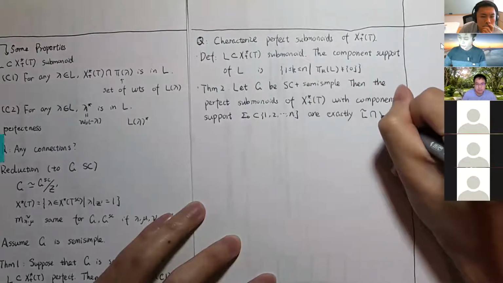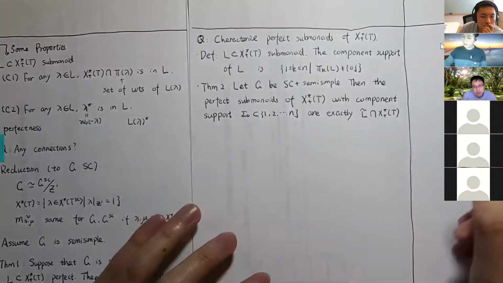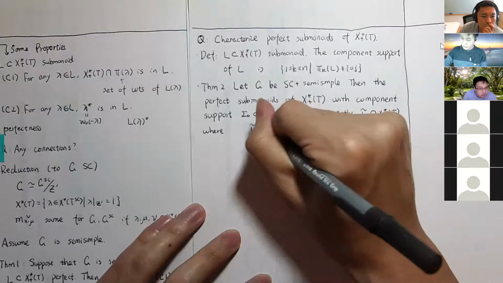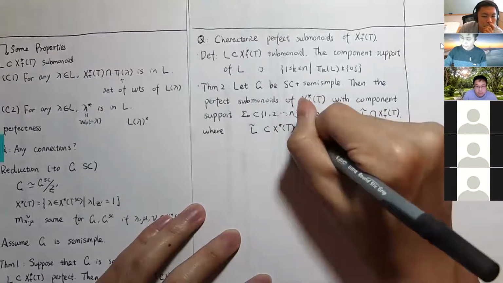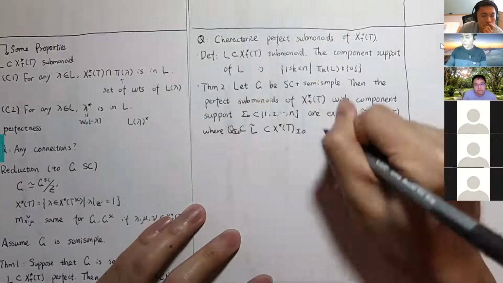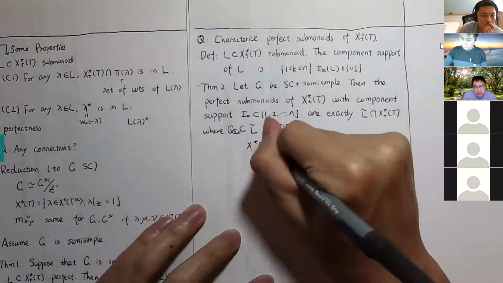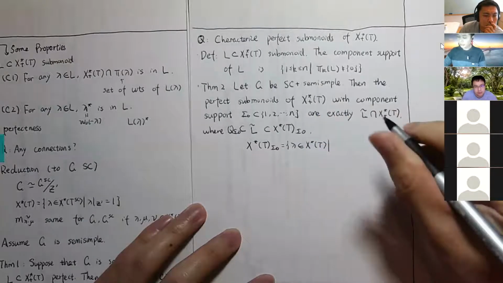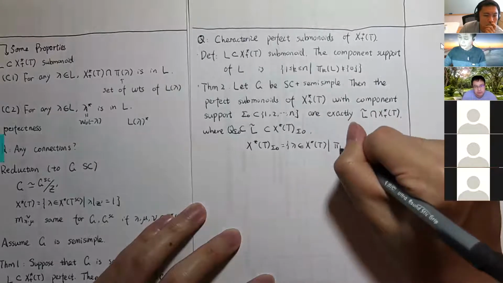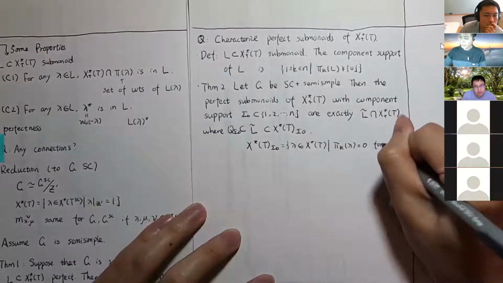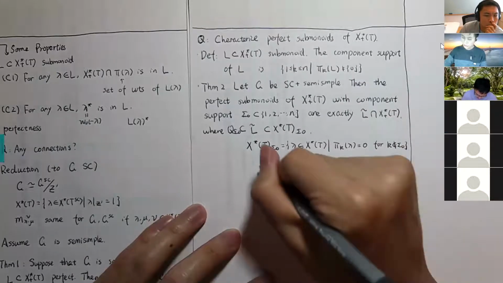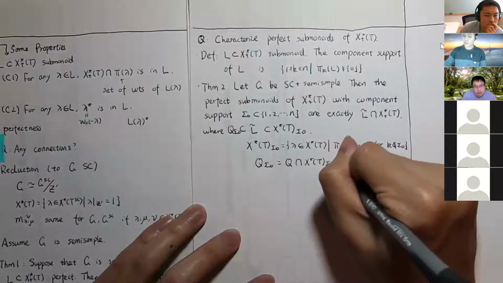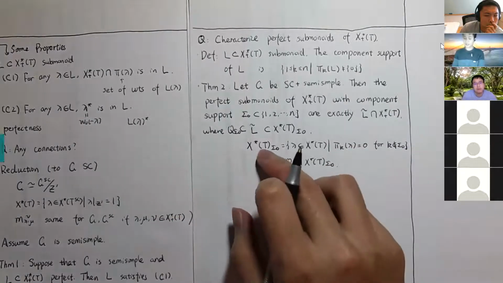the intersection of L tilde with dominant weights, where L tilde is a sublattice of X*(T)_sigma_0 containing Q_sigma_0. Here, X*(T)_sigma_0 are the dominant weights, the weights of T of G, such that pi_k lambda is 0 for k not in sigma_0. And Q_sigma_0 is the intersection of the root lattice with this sublattice of the weight lattice.